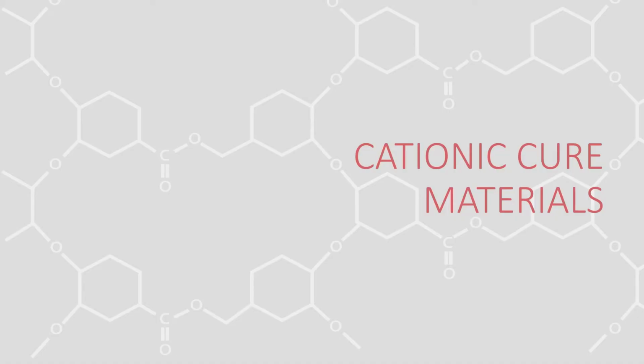I'd like to move on from the mechanism of cationic curing, and now take a step back and become a little bit more practical in everyday cationic curing, and look at what materials are used to make use of the good properties of cationic cure.